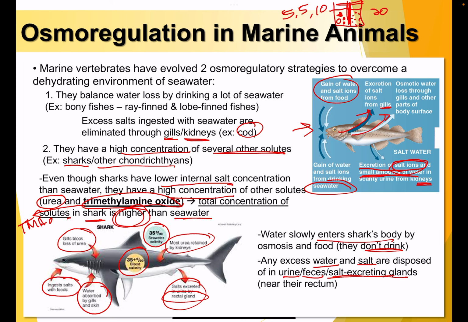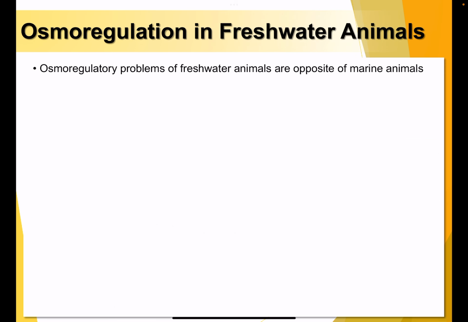They sense that there's more salt coming through the body, and they just excrete it out. So that's something very cool. They don't have to be like the other fishes that are gulping a lot of water constantly. They just normally have that capacity. Again, an awesome adaptation that sharks have to live in such a high salt environment.